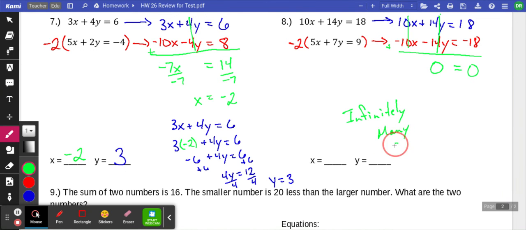And that would mean that there are many, many different solutions that are going to work. It doesn't mean all numbers work, all combinations of numbers work, but there are an infinite number of possibilities to choose from. If we get equations that say a false statement, such as 0 equals 4, that would be a scenario where we would say no solution.